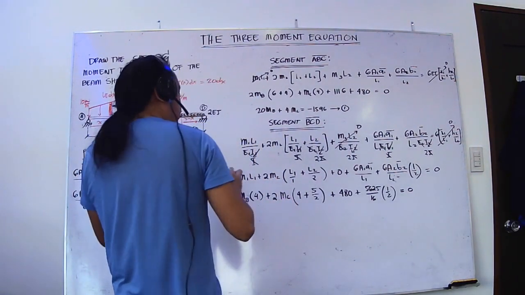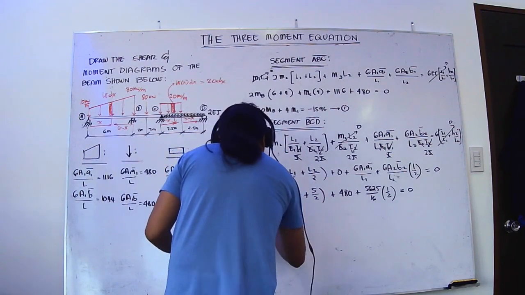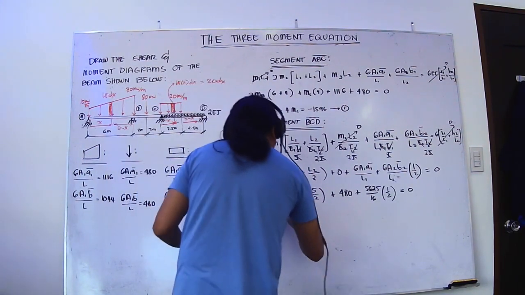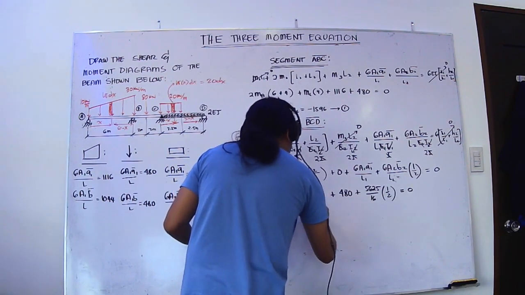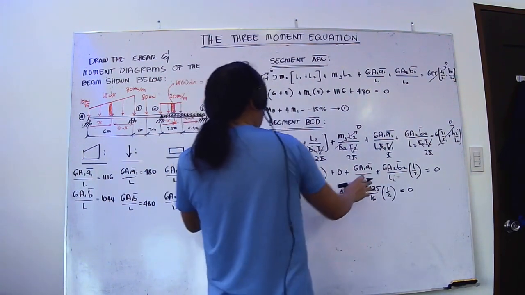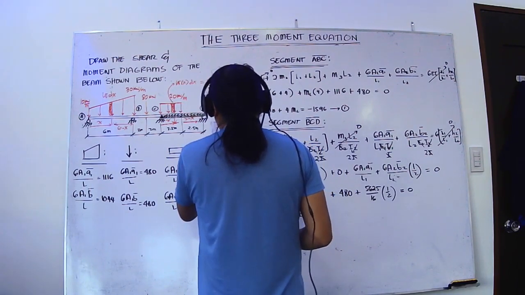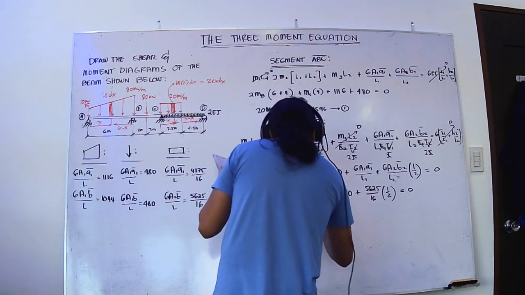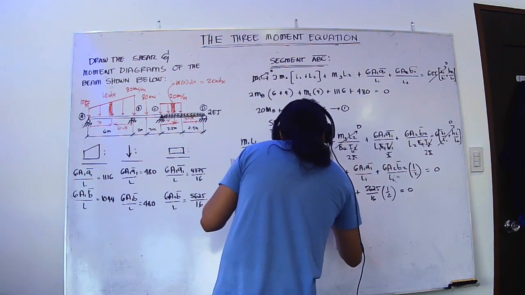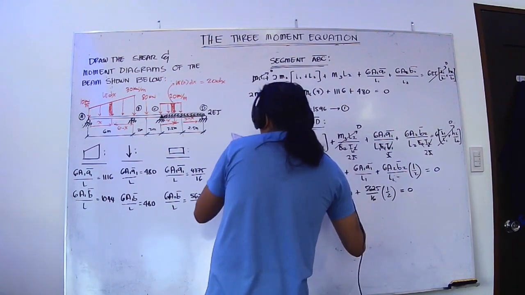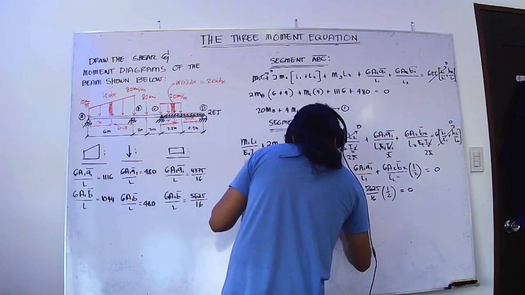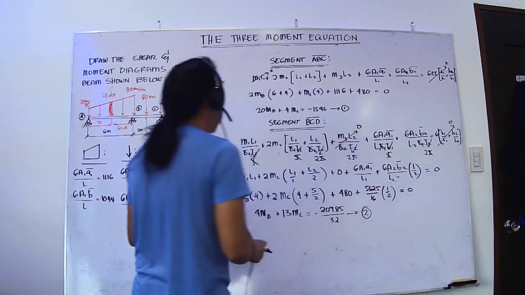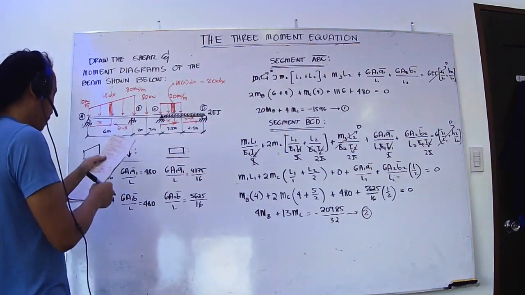Now, if I were to simplify this, I will have 4MB plus 13 MC plus all of this. That becomes negative 20985 over 32. Okay? This is my second equation, by the way.